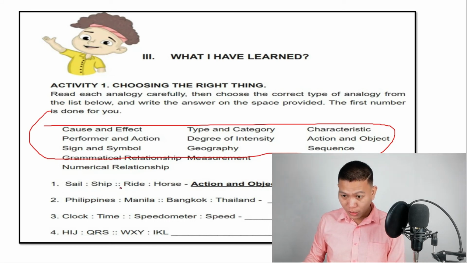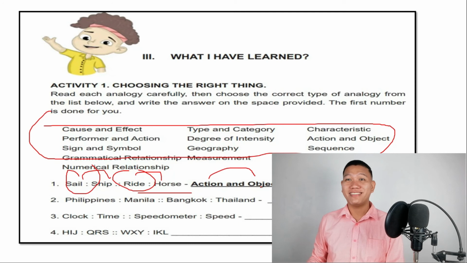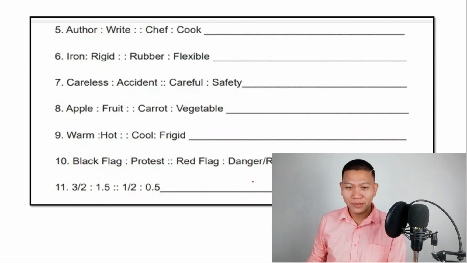Number 1 was already done for you. Sail is to ship, in the same way, ride is to horse. So it's action and object. Action and then object. Clear? And then for the others, identify their types and categories.